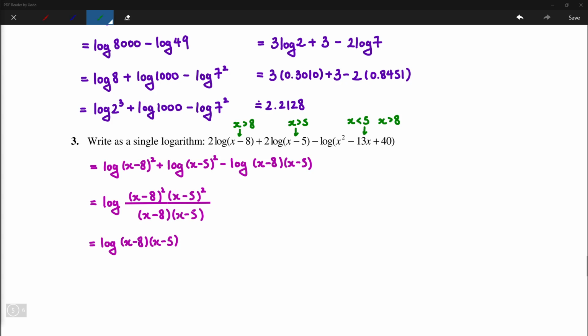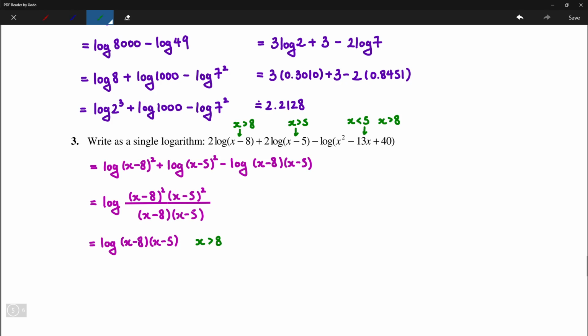And recall that when we look at restrictions, we look at the most restrictive one. And so in this case, the restriction is simply going to be x is greater than 8. Okay, which is the only restriction that works for all three of the arguments.